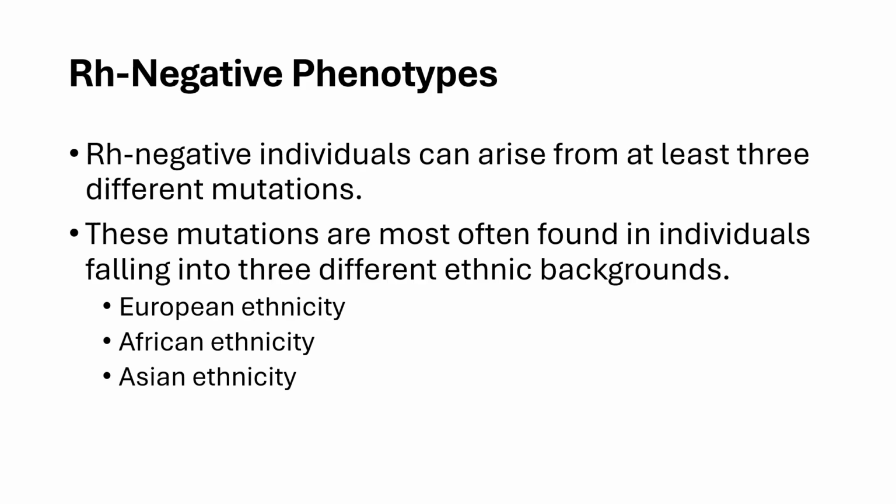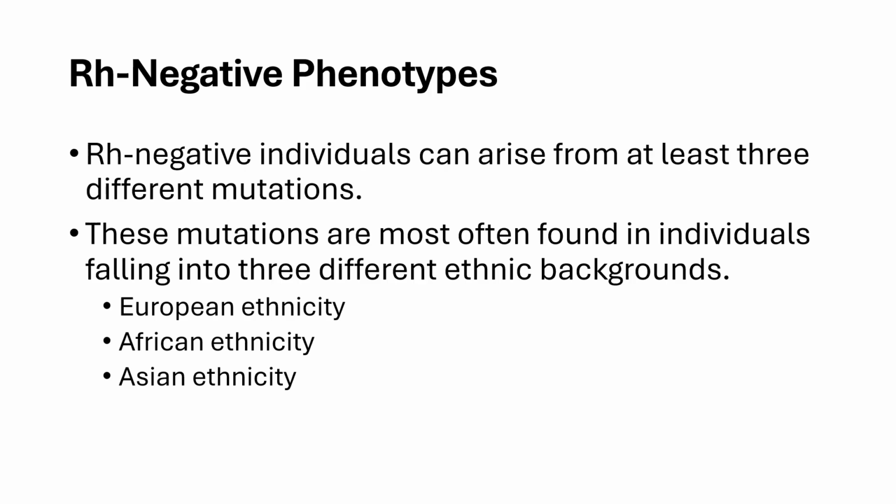So with European ethnicity, the most common cause is a complete deletion of the RHD gene, leading to no production of that RHD protein. If there's African ethnicity, the mutations often include RHD pseudogenes, which is a non-functional gene variant, or altered forms of the gene resulting in reduced or altered expression of RHD antigen.